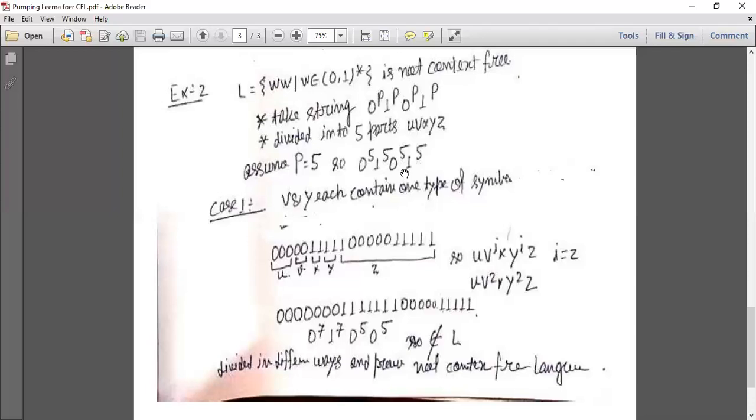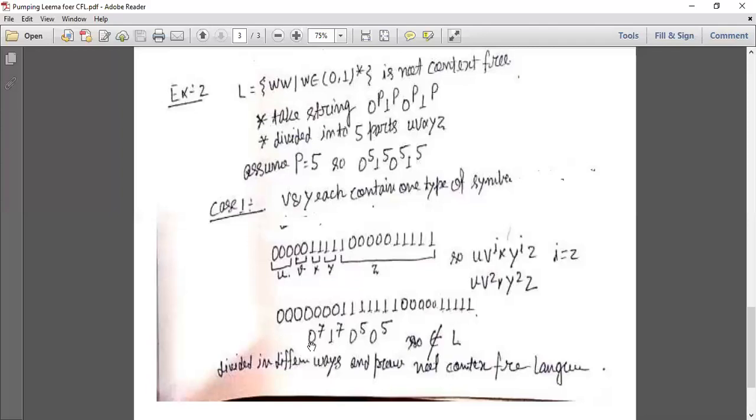So u is 3 times 0, then v is double 0 and v square means 4 times 0. So here 3 times 0 and then 4 times 0. Now the value of x is double 1, so we put double 1 here. Now y square means double 1 and double 1, and the remaining part is z, so put z here.